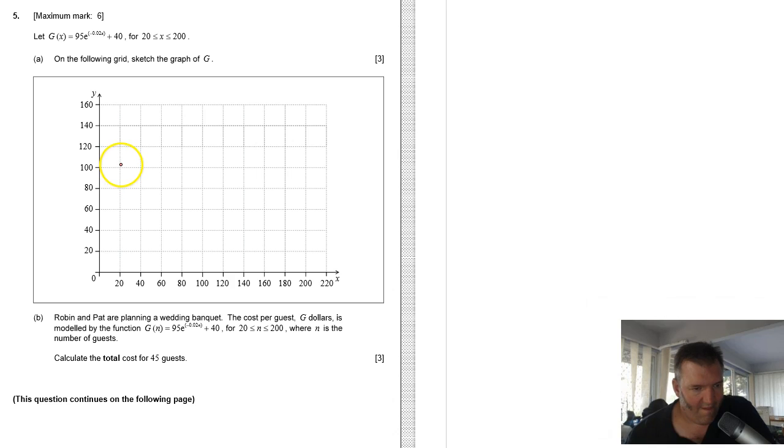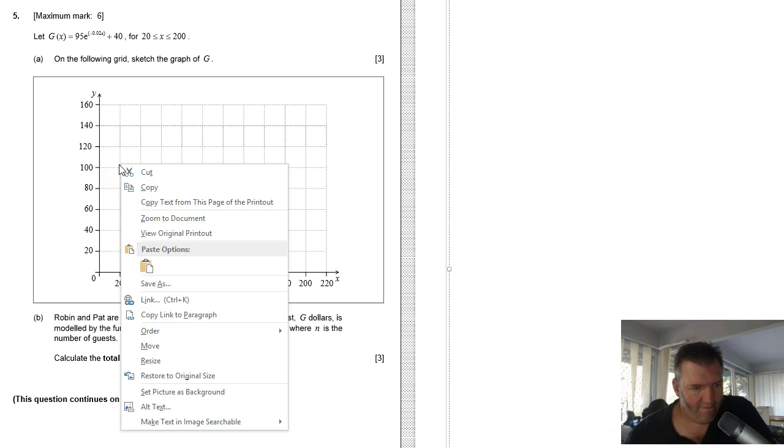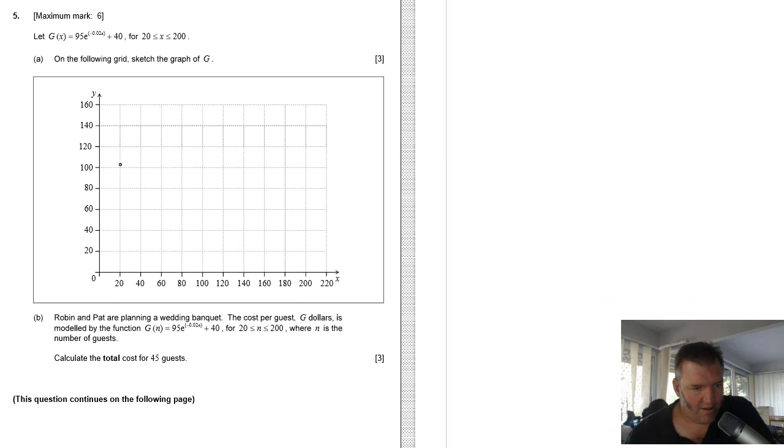If I was doing this in the exam, I might label that as 20, 103 or 104, given that we're going to 3 significant figures. But 103.68 was the actual value, and it's worthwhile making it clear that you know what you're doing.